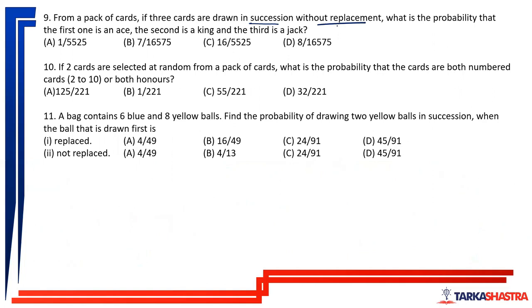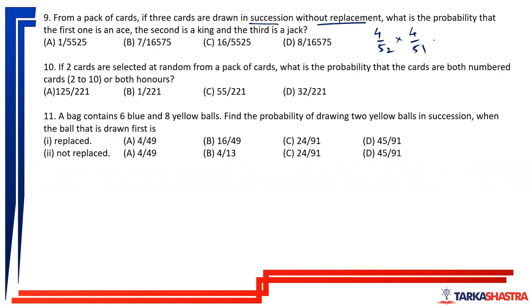What is the probability that the first one is ace? So 4 by 52. Total there are 4 aces, so favorable cases 4 and total cases 52. Then second is a king. So 4 by 51 because we have thrown one ace away. Now the pack has only 51 cards.